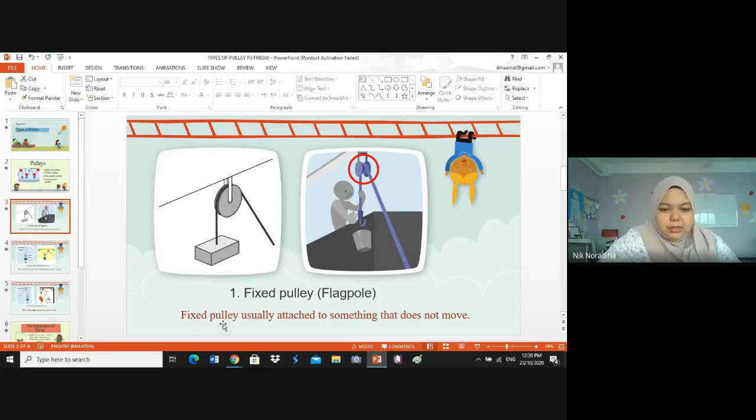A fixed pulley is usually attached to something that does not move. This is important so that you won't get confused between fixed pulley and movable pulley. You need to remember that a fixed pulley does not move at all. Only the load and the rope are moving. Fixed pulley, it will attach like this. The example of fixed pulley is the flagpole.